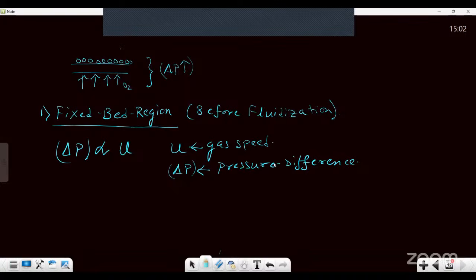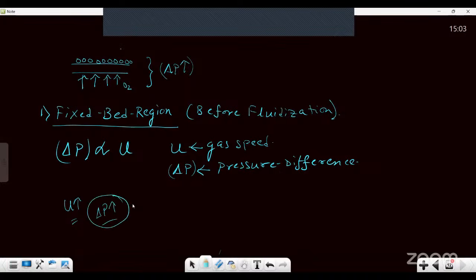Eventually, as you are increasing the velocity of the gas, more and more del P will increase.